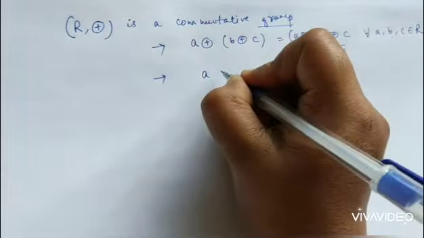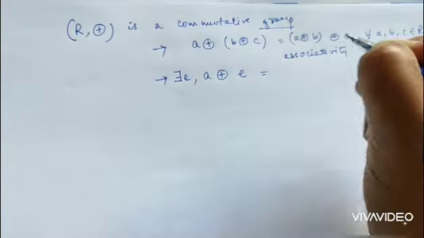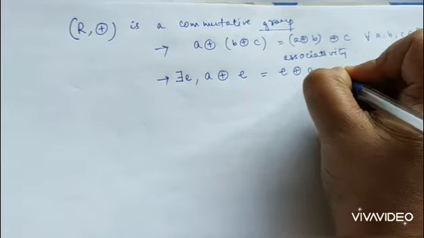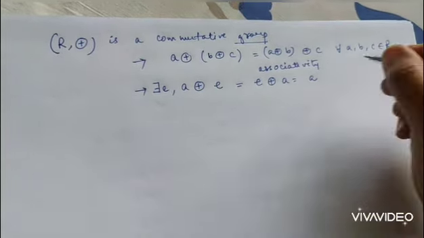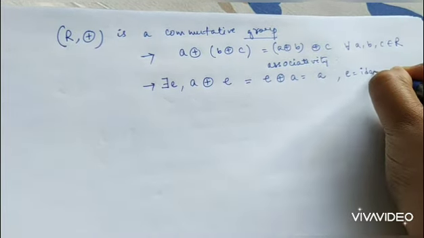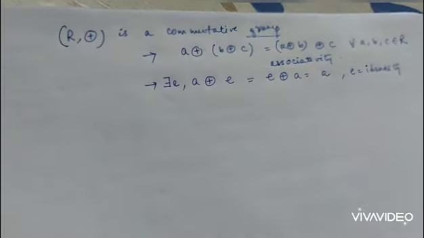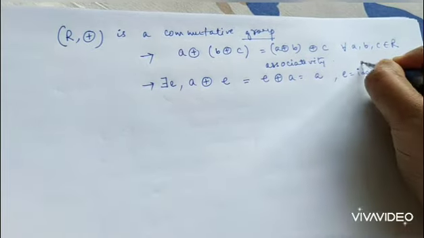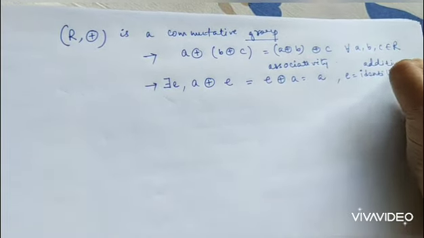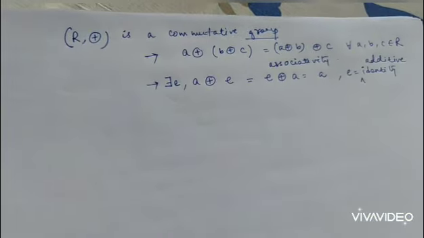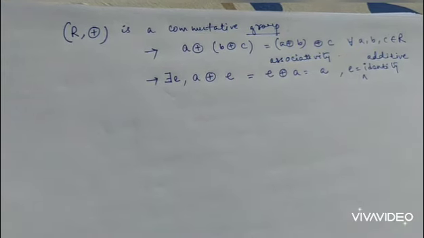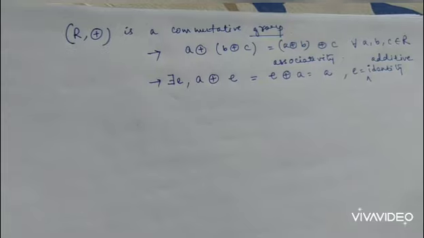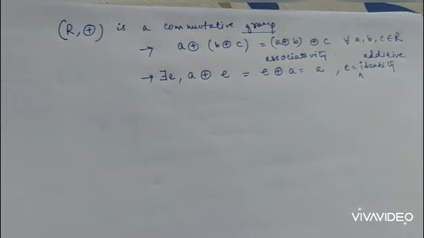You all know that if there exists some element E with the property that any element operated with E gives you back the same element, then E is called the identity element. Here it is called the additive identity element. Why? Because now I have two binary operations, so I have to be precise about which operation has an identity. In this case, plus has an identity which is named as additive identity.